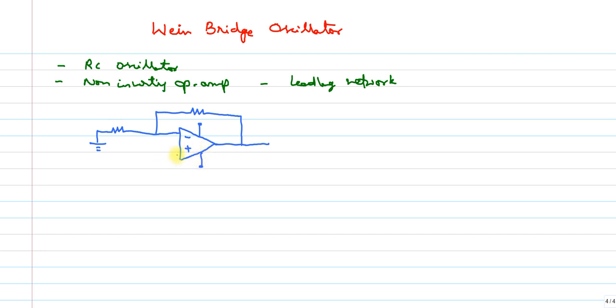From this we have to connect one capacitor in the reverse direction and one resistor, and here also we have to connect one resistor and one capacitor. This is connected to ground. This and this are connected like this, and this is my output V0.